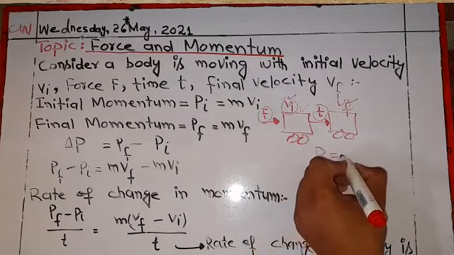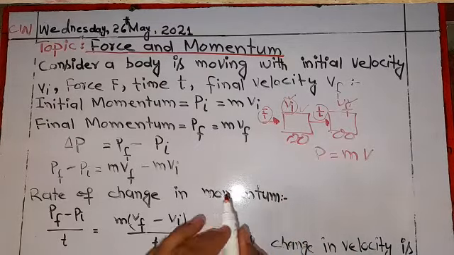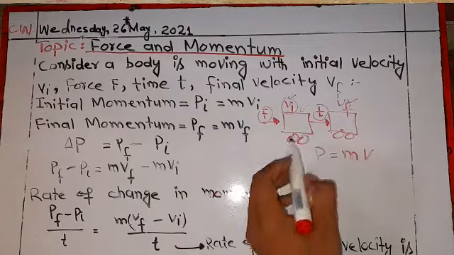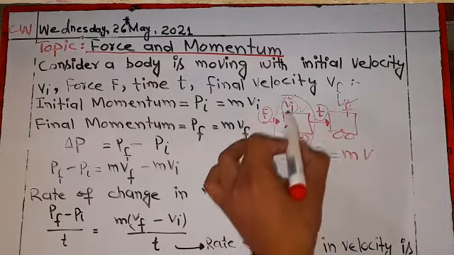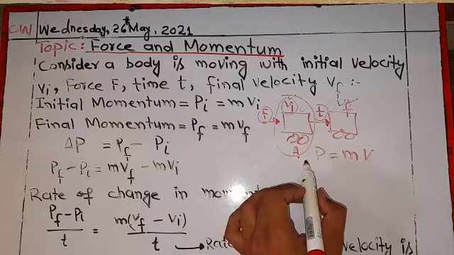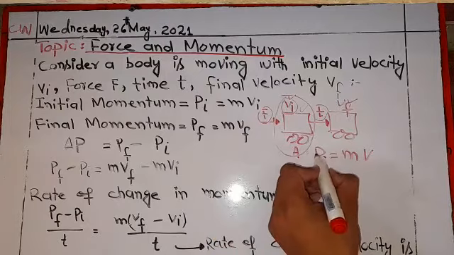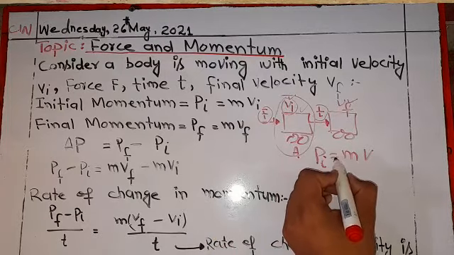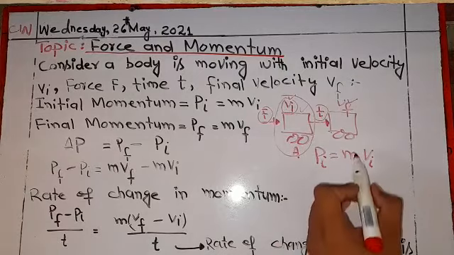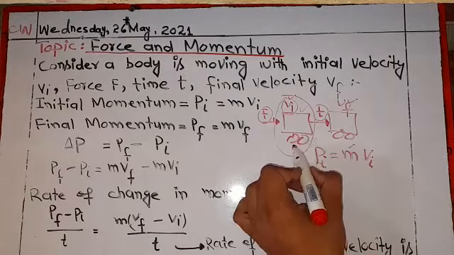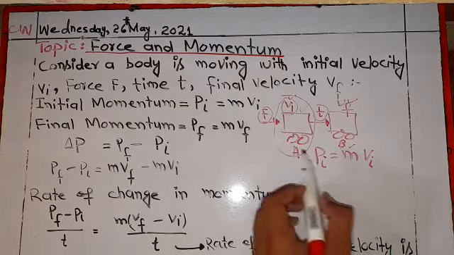As we know, momentum is equal to mv. If we want to find momentum at point A, then its initial momentum will be mvi. Mass will be the same at point A and B, but velocity will change.